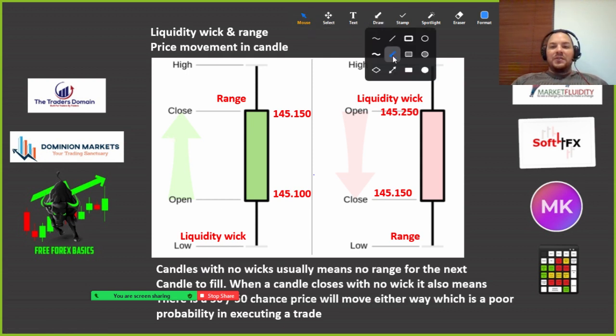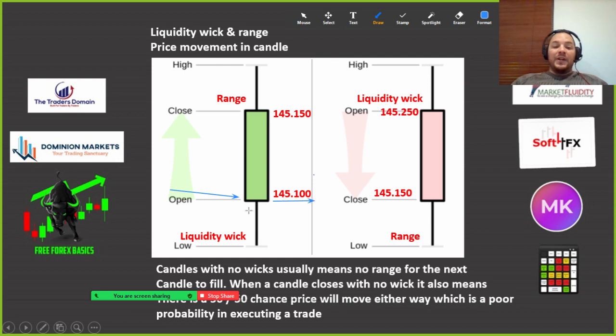Alright, so this candle here is the body of a candle. This green candle represents a bullish candle. Over here we have the open of the candle. So this is where the candle opens. What we have here is the price, for example, 145.100.